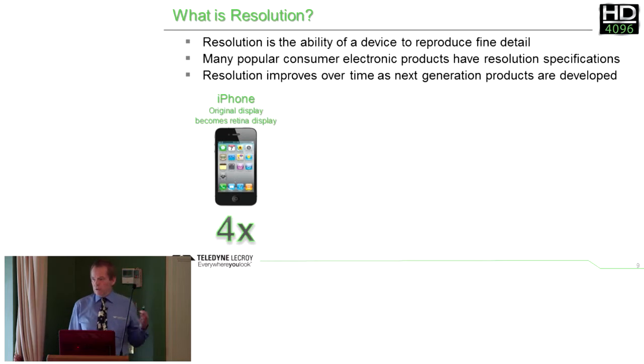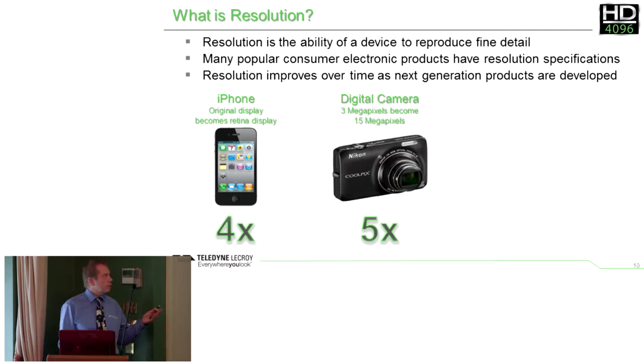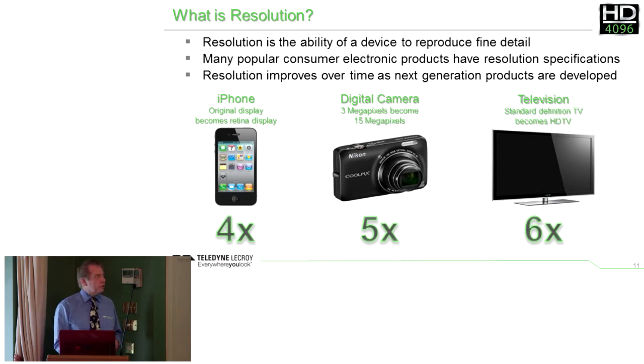If we look at digital cameras, they've gone from very low resolution up to something like 15 megapixels, so 5 times or more resolution improvement. And if we look at television, going from standard definition to HD TV, you've got a 6 times improvement. So resolution is improving around us all the time in many different areas.